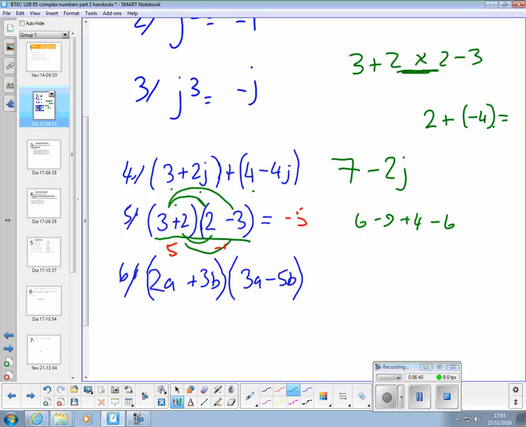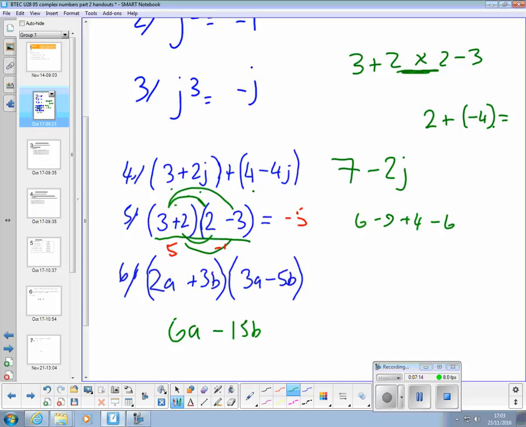So, how do we do this bottom one then? Give me an answer. Last one: 2a plus 3b times 3a minus 5b.